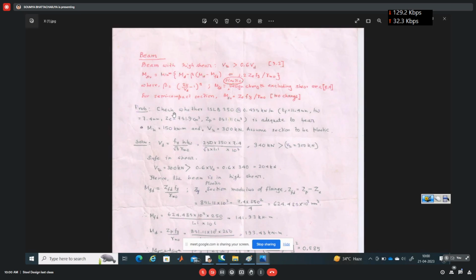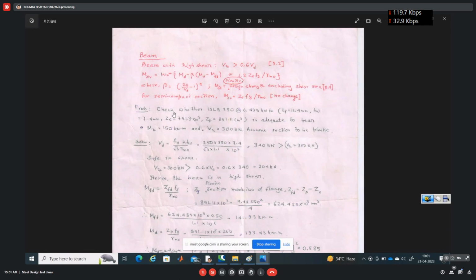This is not the case with gantry girder or simply supported beam, because in a gantry girder or simply supported beam, maximum moment occurs at the midspan and maximum shear force occurs at the support. So the maximum values of bending moment and shear force occur at different sections. That is why those sections are not under high shear.